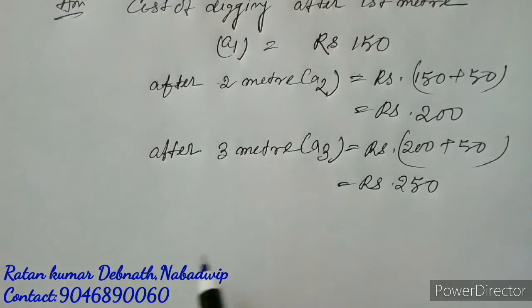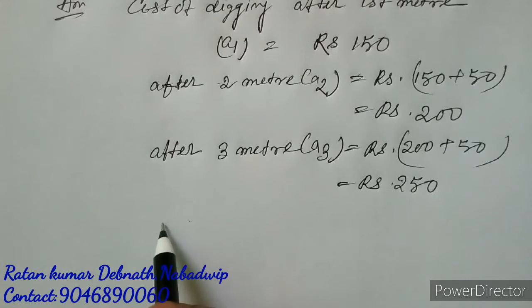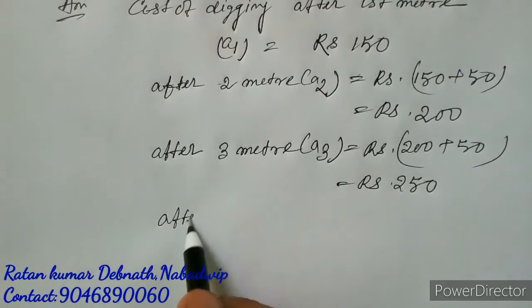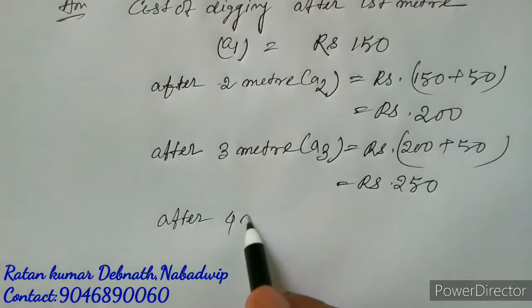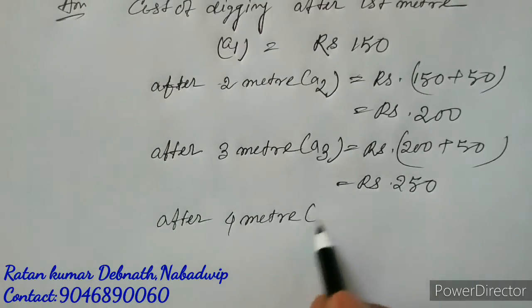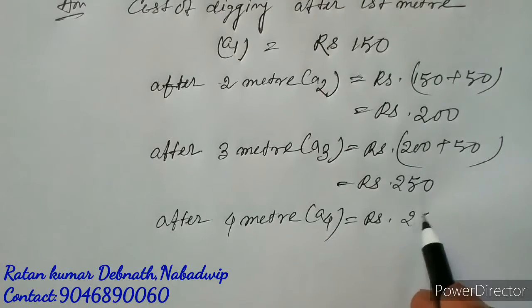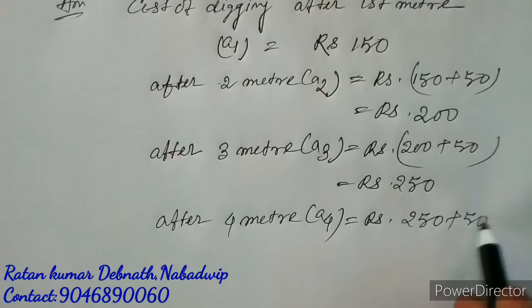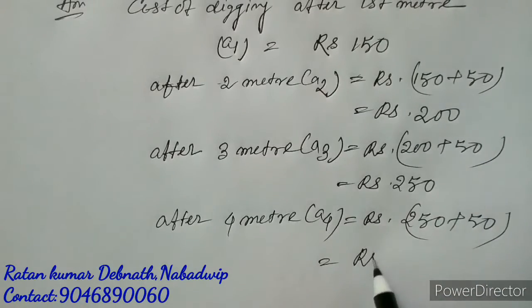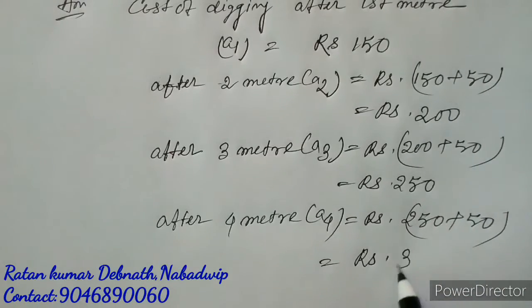Cost of digging after 4 meters, A4, rupees 250 plus 50, rupees 300.